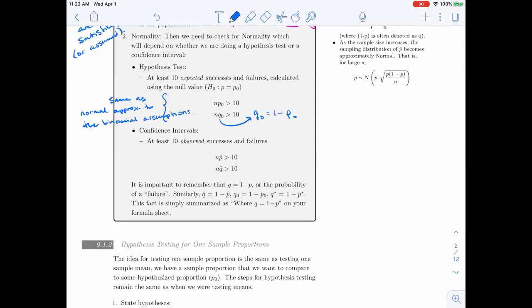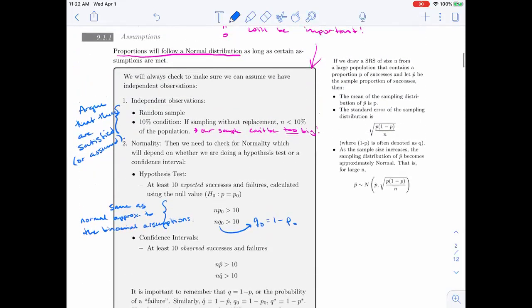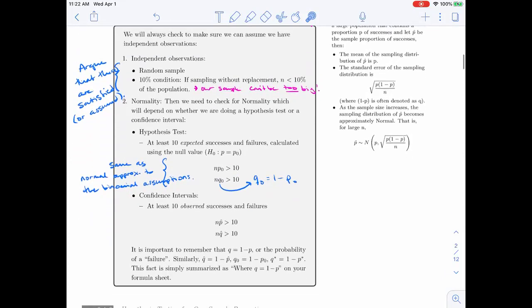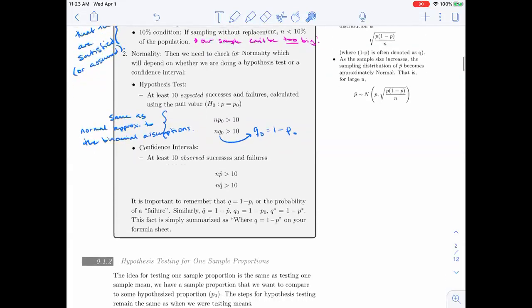We've seen that one before, and in fact, the whole reason that we're doing this is so that we can say that the proportions follow a normal distribution. It makes sense because the binomial is a categorical test. Now we've got categorical data, so proportions, so there's going to be overlap in the assumptions.